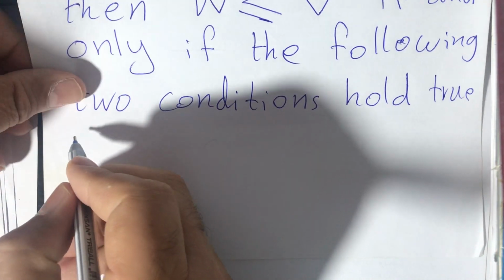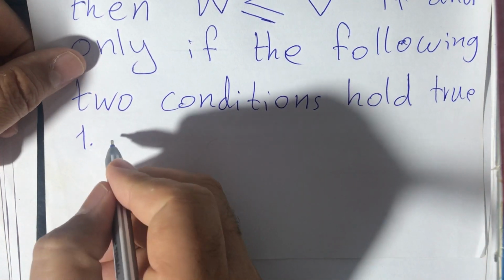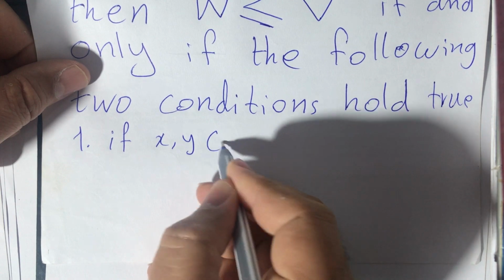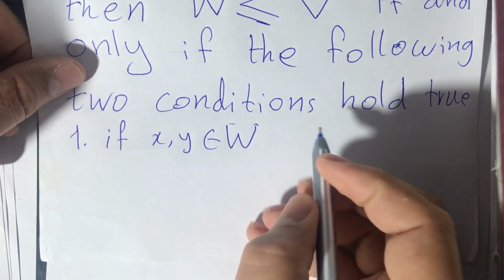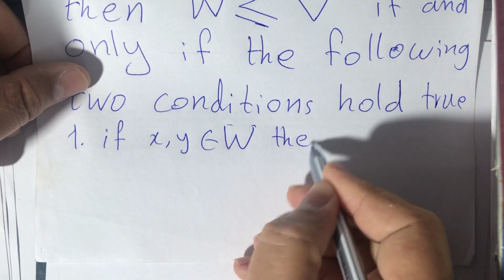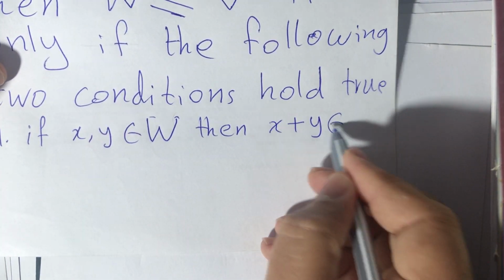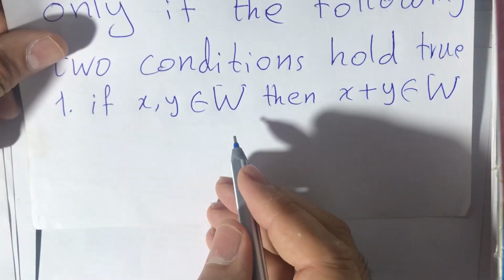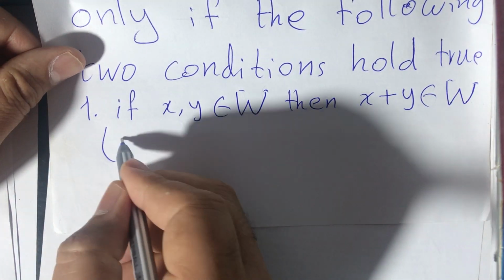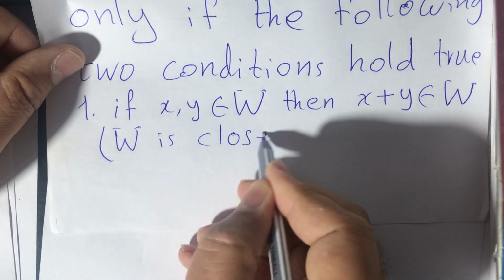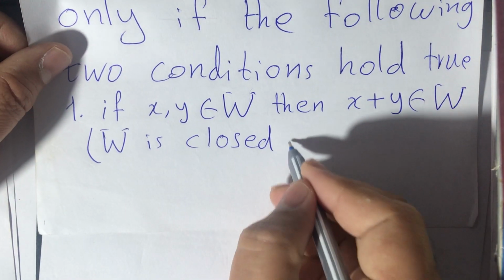Number one, if x, y belongs to W, then x plus y belongs to W. We say W is closed under addition.